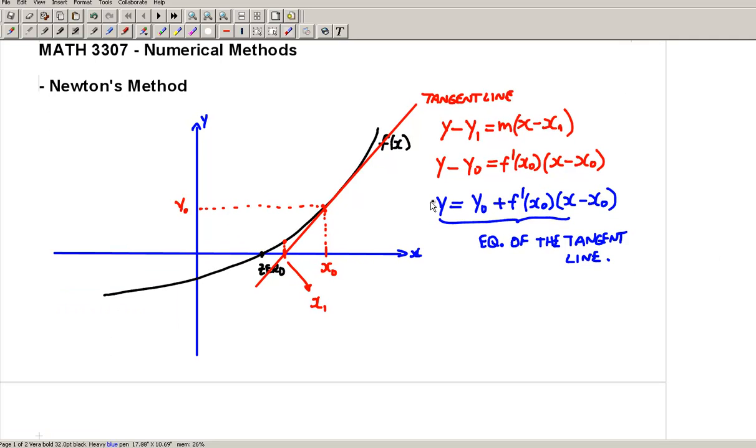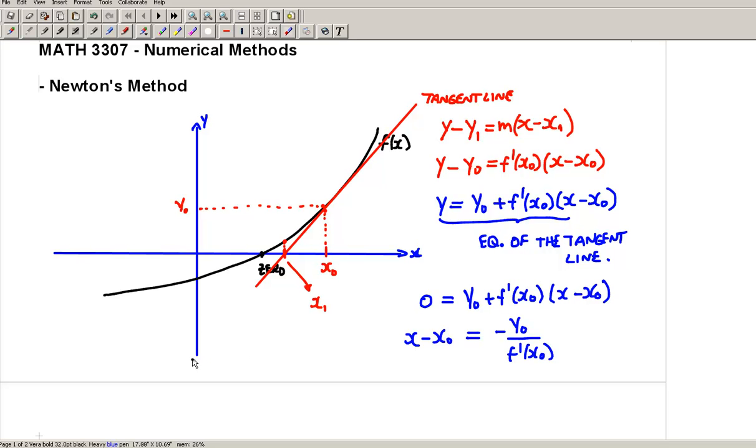Okay, now let's find the zero. To find the zero, we set y equal to 0, then solve for x. So we set 0 equals y naught plus f prime of x naught times x minus x naught, and then we solve for x. If I move the y naught to the other side and divide by f prime of x naught, then I get x minus x naught equals negative y naught divided by the derivative at x naught.